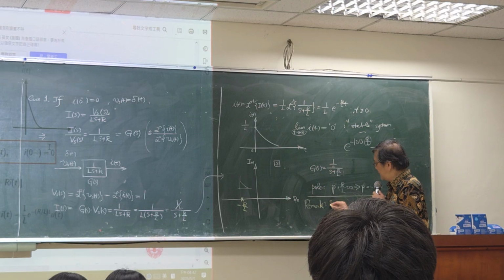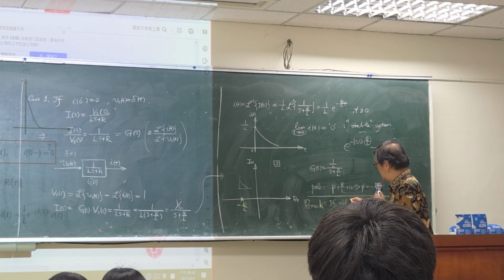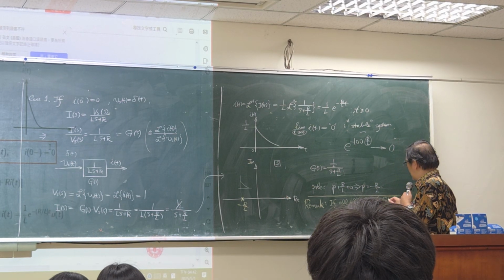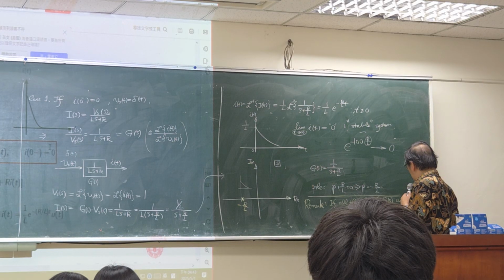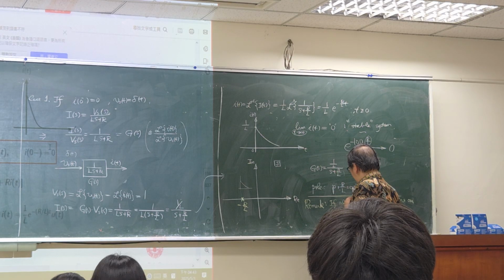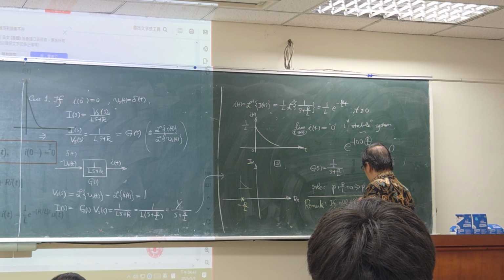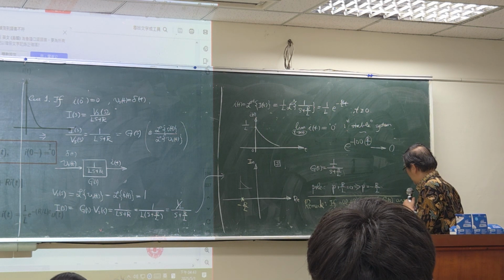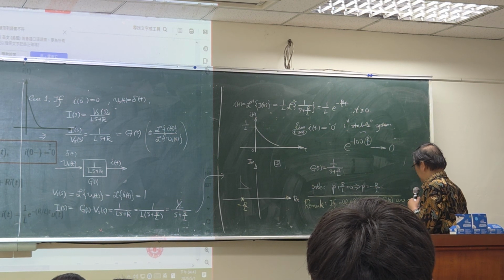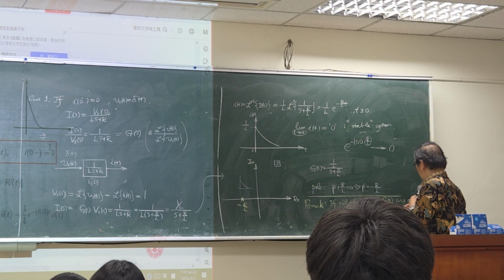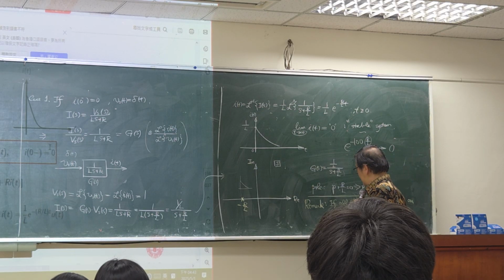So if all the poles of the system are on the, let me call it open left half plane, open left half plane, I will explain this to you again, the system is stable.